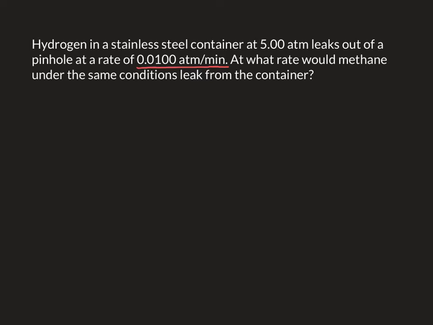Remember, the form of the law is that rate 1 divided by rate 2 equals the square root of the molar mass of 2 divided by the square root of the molar mass of 1. Since we have rates together here in a ratio, the units of the rate don't matter as long as they're valid units.